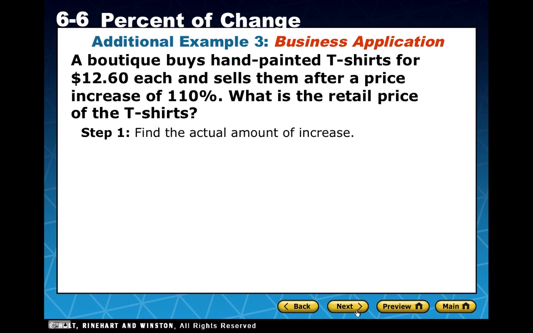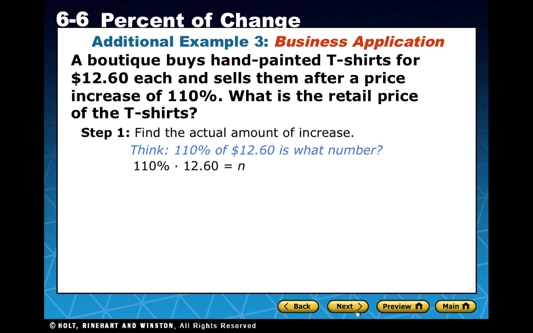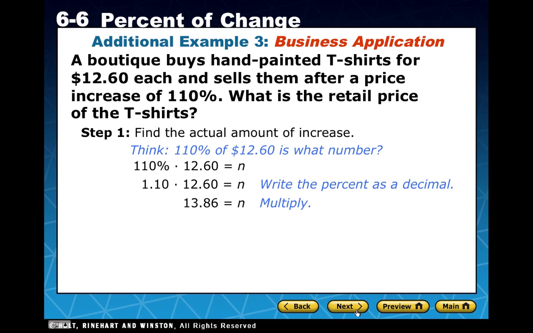So we're going to find the actual amount of increase. So we have to figure out what 110% of $12.60 is. So 110% times $12.60 will give us $13.86. So that's the increased amount.